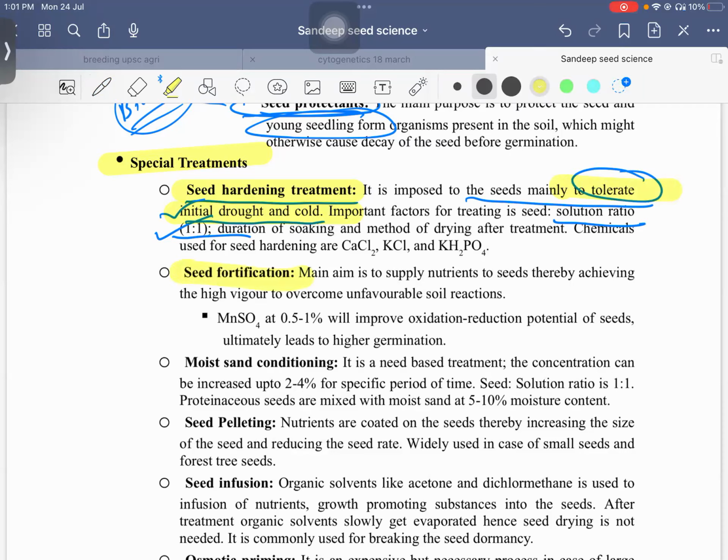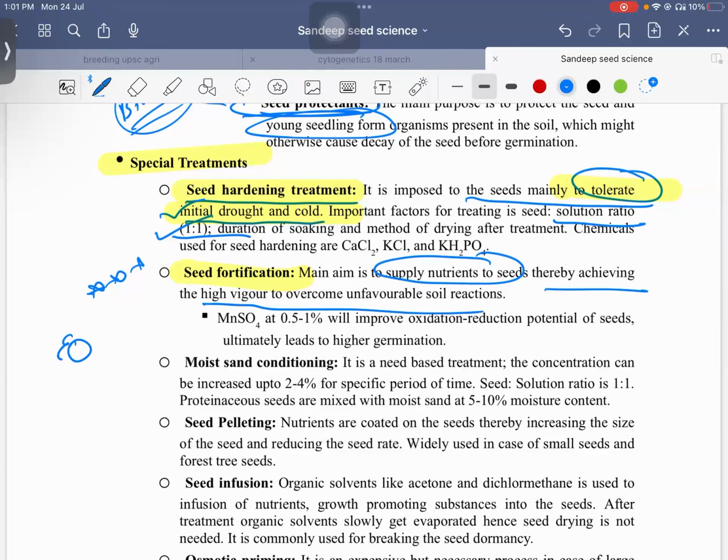Next is seed fortification. This is very, very important. It supplies nutrients to the seed, thereby achieving vigor. Means on the seed outer layer, we will have some sort of nutrients, some sort of polyproteins and all.